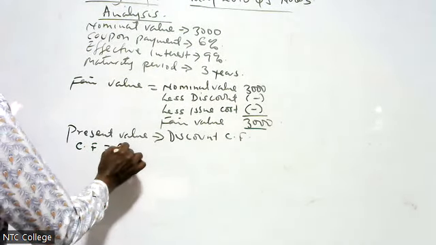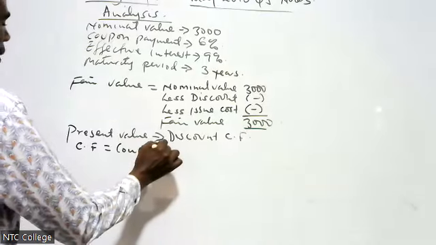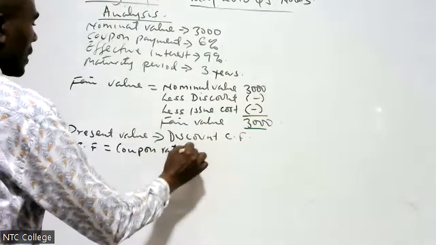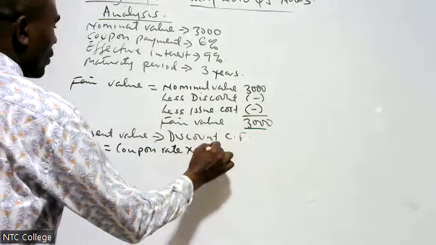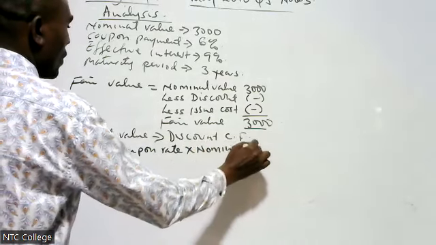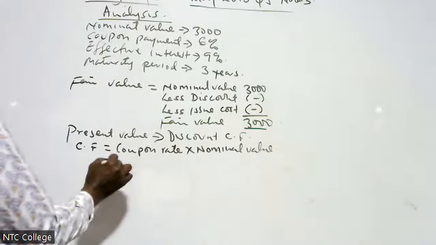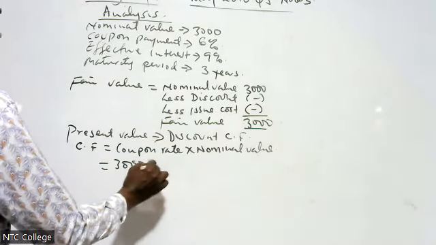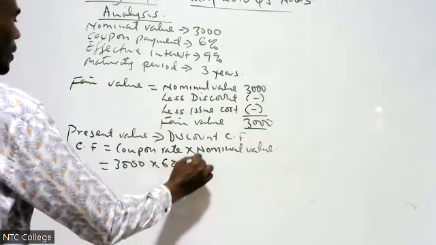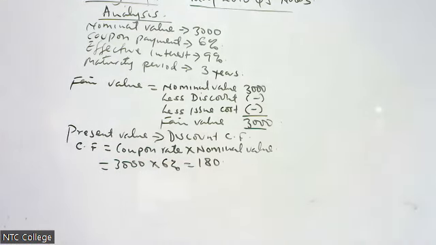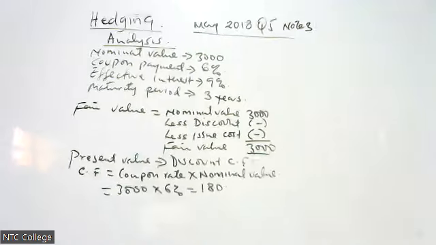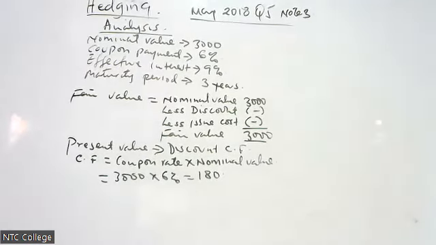You get the coupon payment: coupon rate times nominal value, which is 3 million times 6%, 180. Therefore, the cash flow that I'm going to discount is 180.